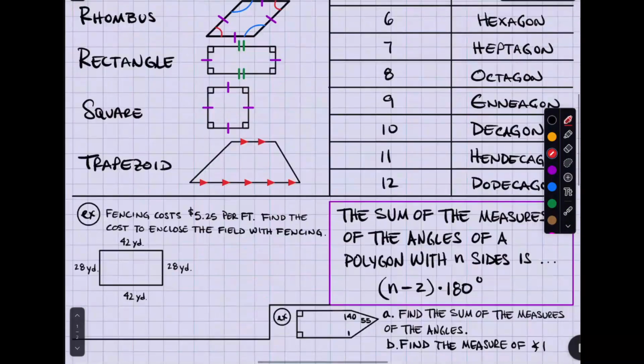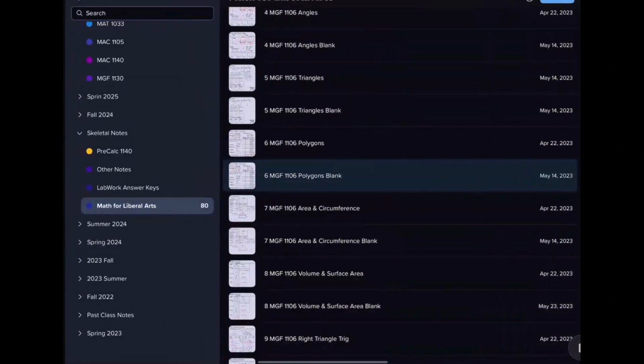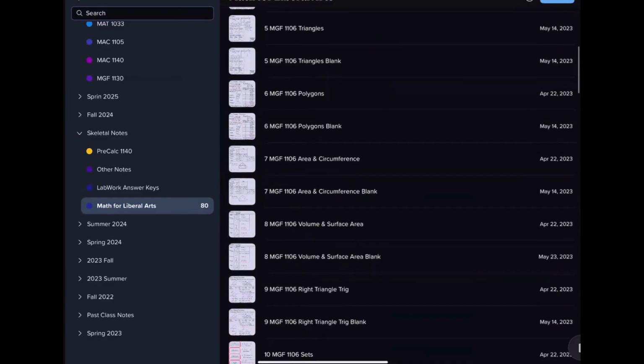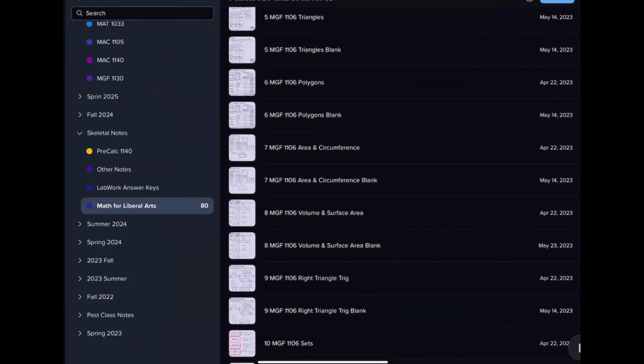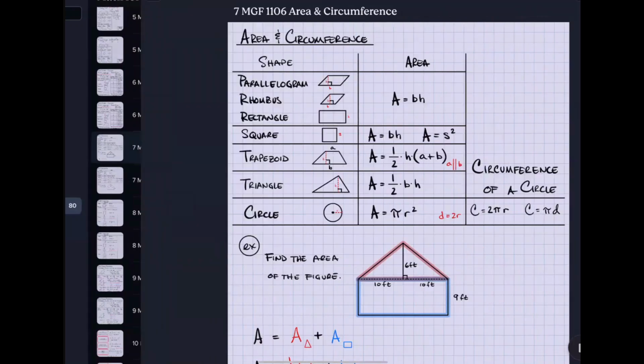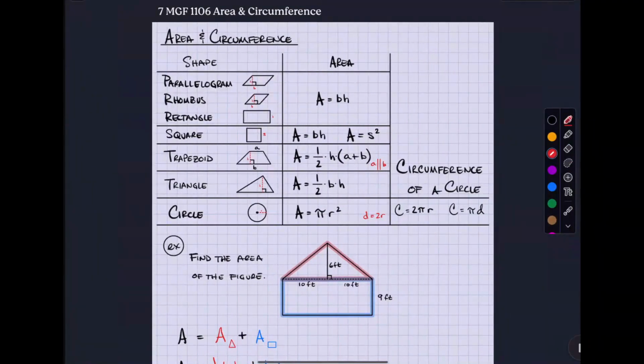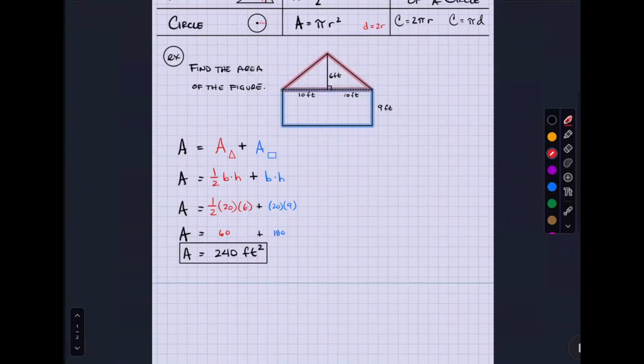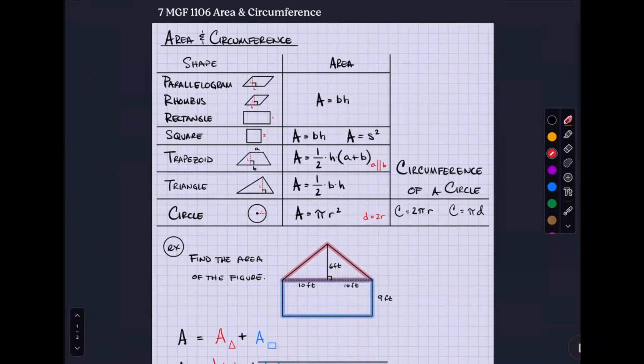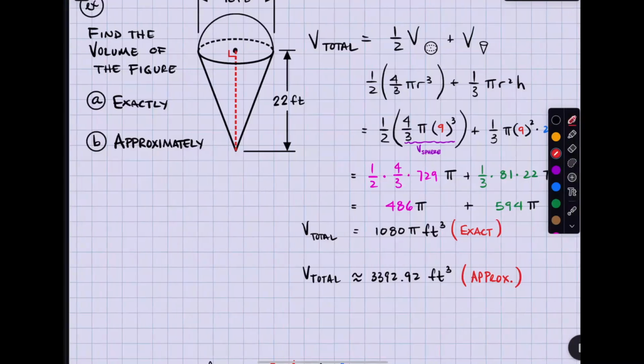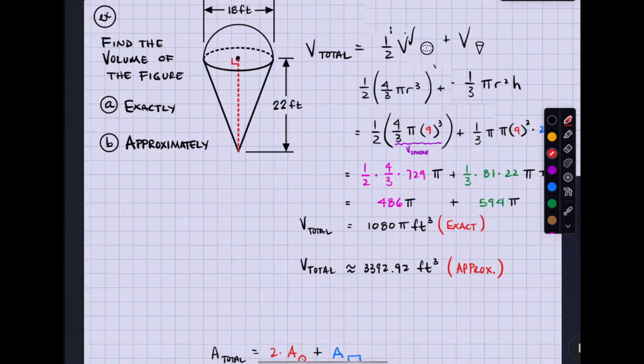You know what I didn't put in there for you guys? Well, this is something you guys need.